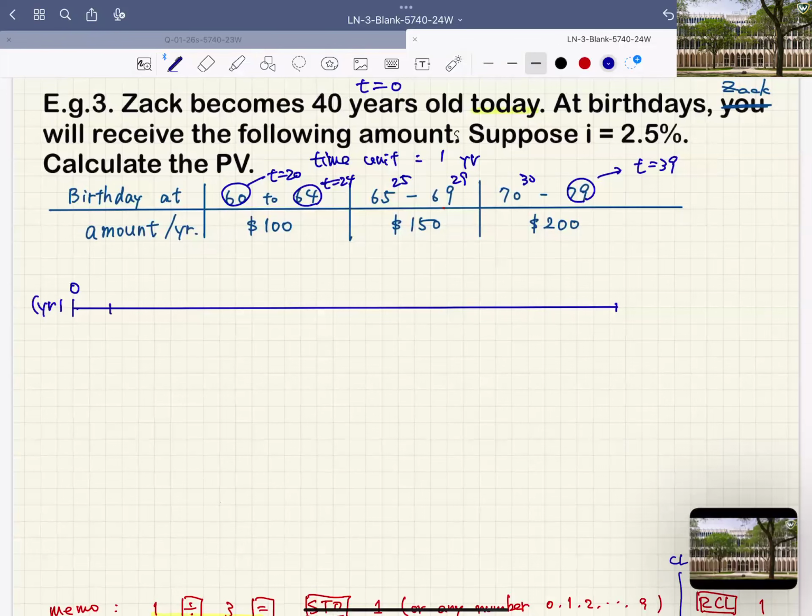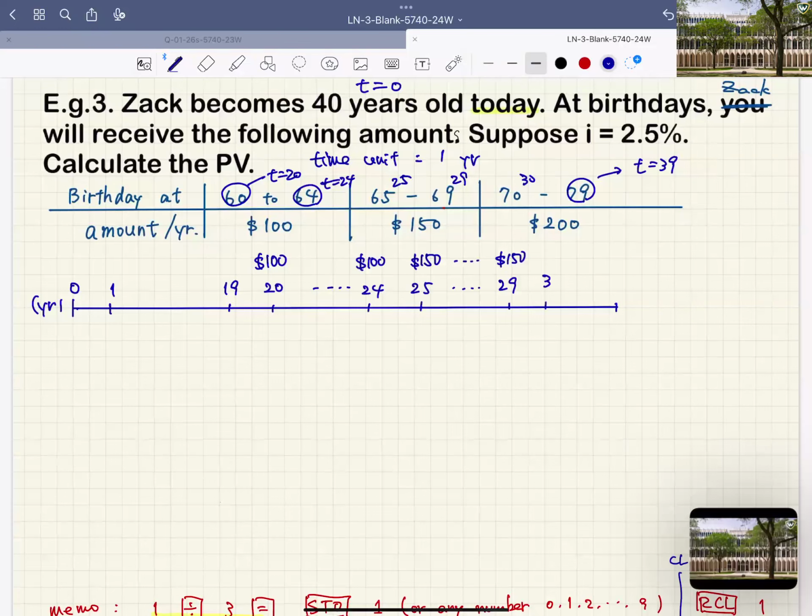And from t equal to 1 to 19, there is no cash flow. And at t equal to 20, you will receive $100 here, and up to 24, you will receive $100. And from t equal to 25 to 29, you will receive $150 each.